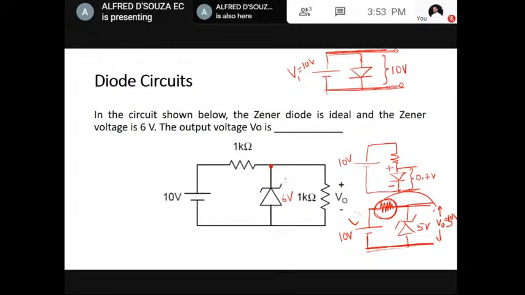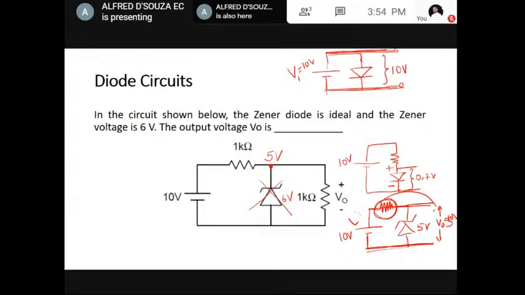So first, do not connect this Zener diode. Find out what the voltage at this point is. You can find it using a simple voltage divider. So we have 10 volt and 1 kilo ohm resistors connected, so the voltage gets equally divided. It would be 5 volt.